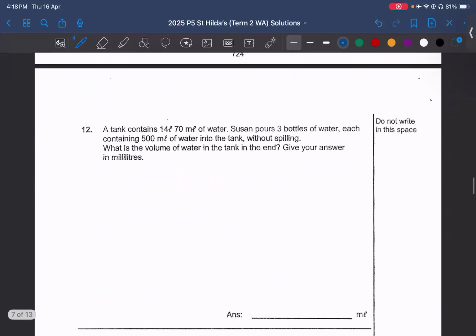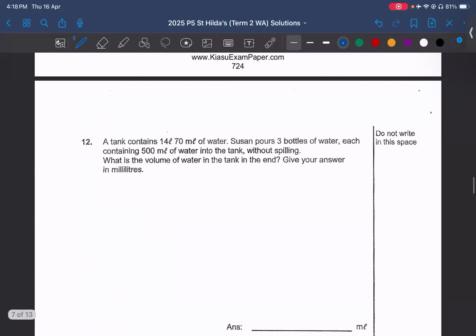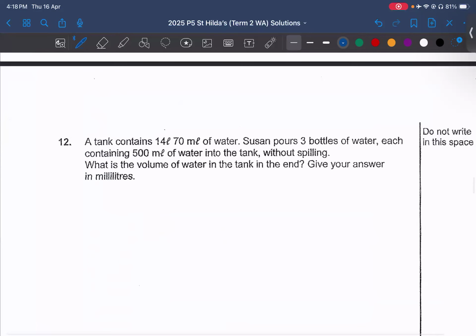So you look at the tank, the volume of water in the tank now, which is 14 liters and 70 milliliters. Since we need to give our answer in milliliters, we want to convert everything into milliliters. We know 1 liter equals 1000 milliliters.